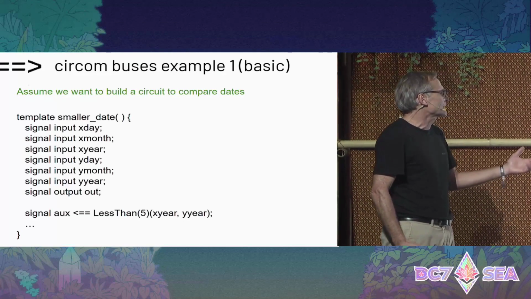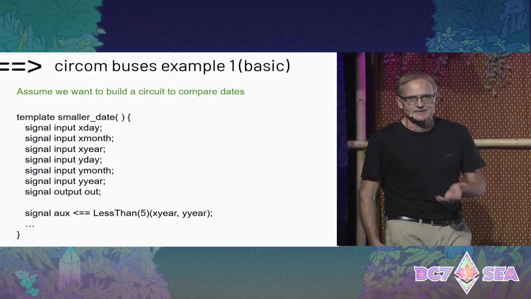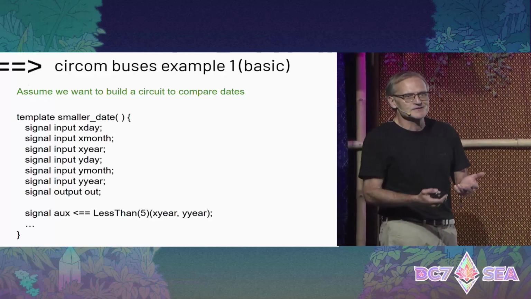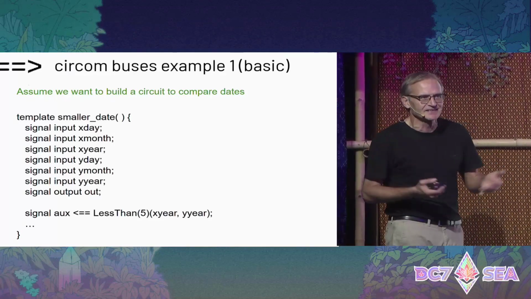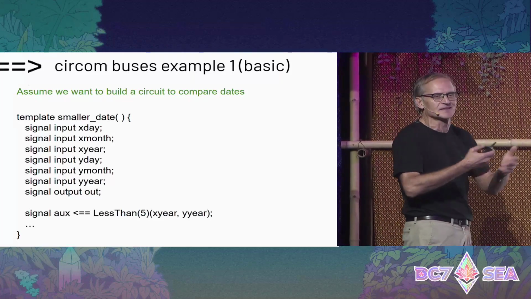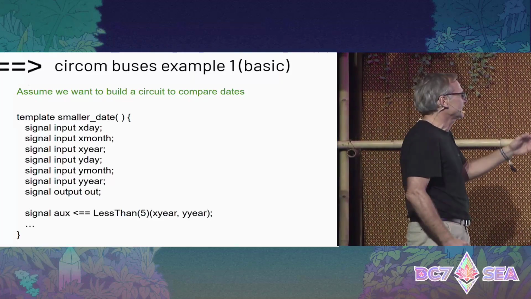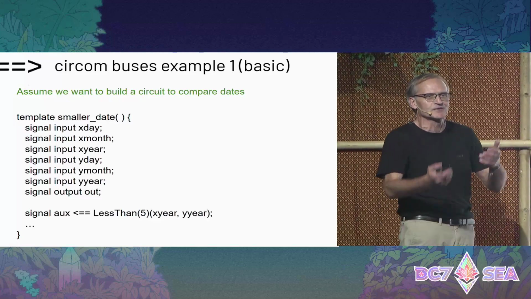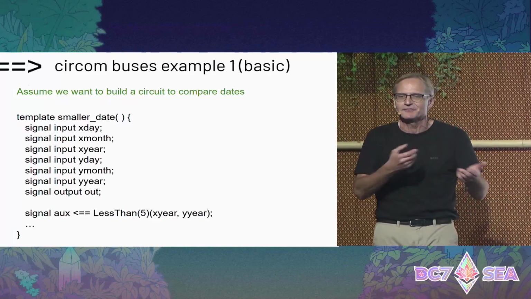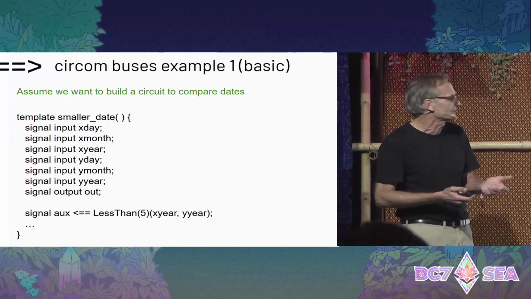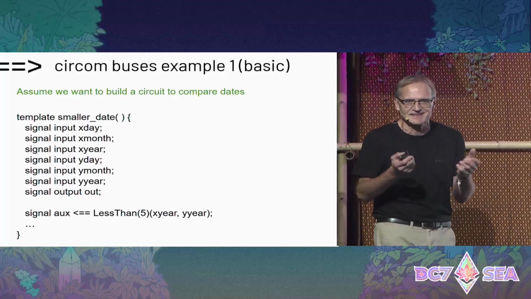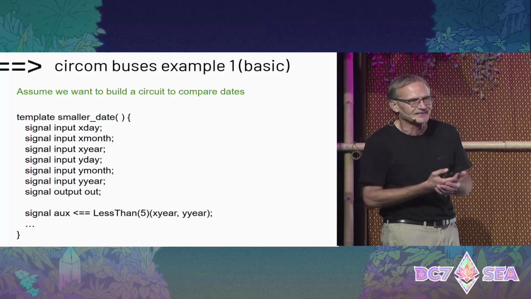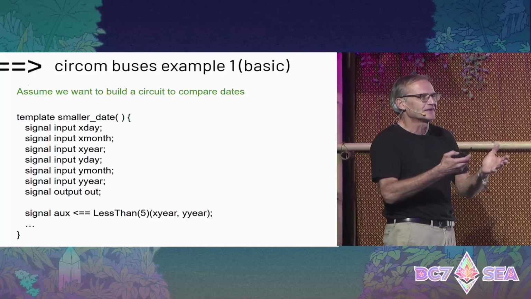And then what happened is that when you want to do that with Circom, there was no way to express dates. You just could include signals, and then you need to express 6 signals for day, month, and year of each of the inputs. Okay, so then you have something like this, which doesn't express any structure of the data as a date.